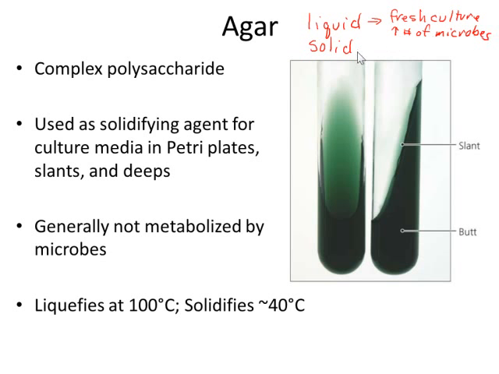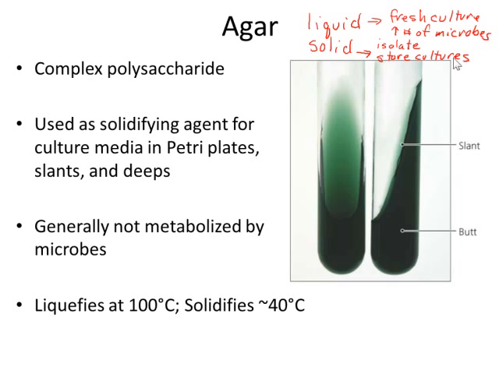Now, solid media, however, has its own uses. We saw in streak plate isolation, solid media on a petri dish can be used to separate mixtures of bacteria. We also can use solid media to store cultures over long periods of time.